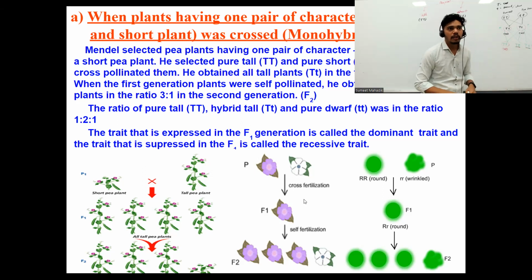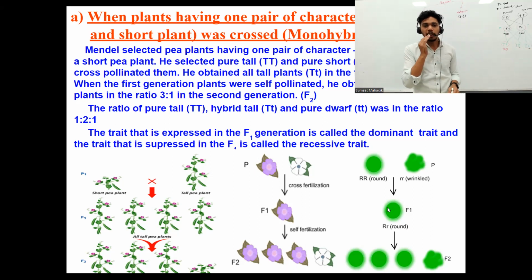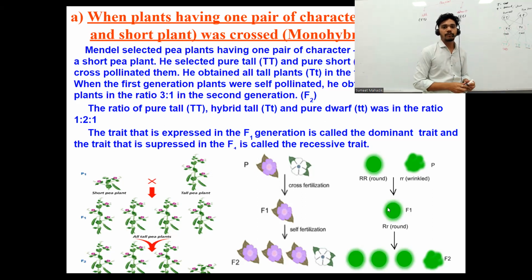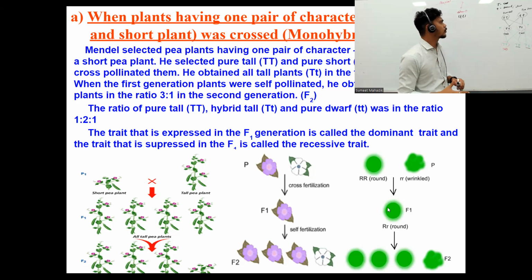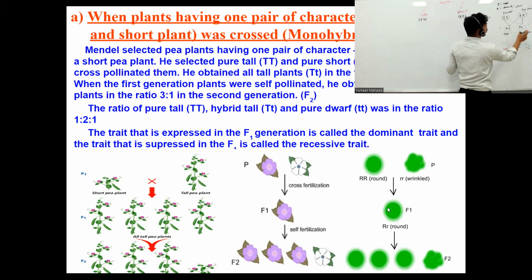What is recessive? Not expressive as much. What is the dominant? Who expresses much more. That is the point. So the ratio of the pure tall, the hybrid tall and the pure dwarf was 1 is to 2 is to 1. Look at the F1 generation. What do we get? Tall. So 1 is to 1.